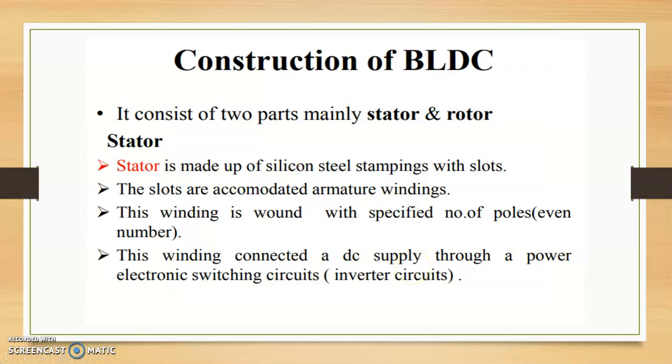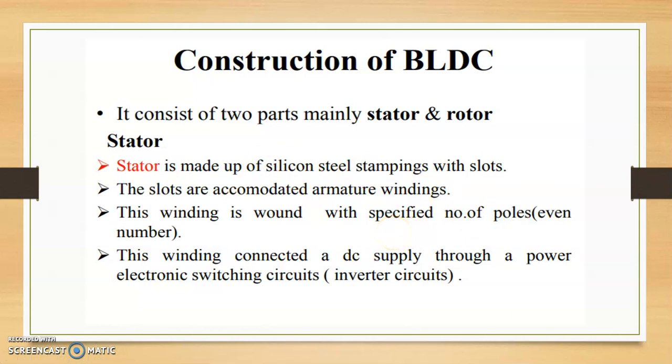Next, the normal construction of a BLDC consists of two major components: the stator and the rotor. The stator is made up of silicon steel stampings like other machines. The slots present in the stator are suitable for the armature winding, and the winding is formed with a number of poles depending upon your application.